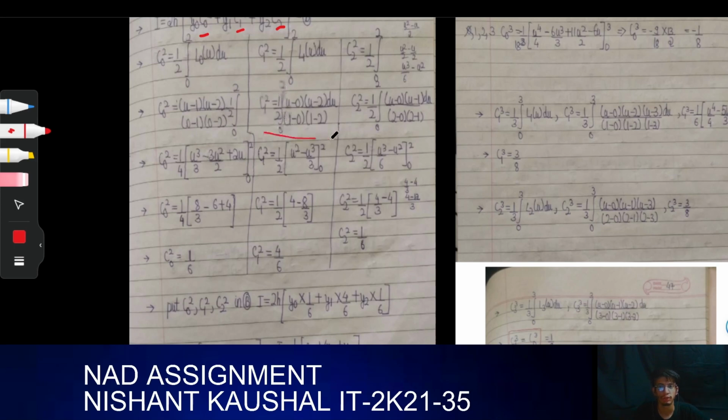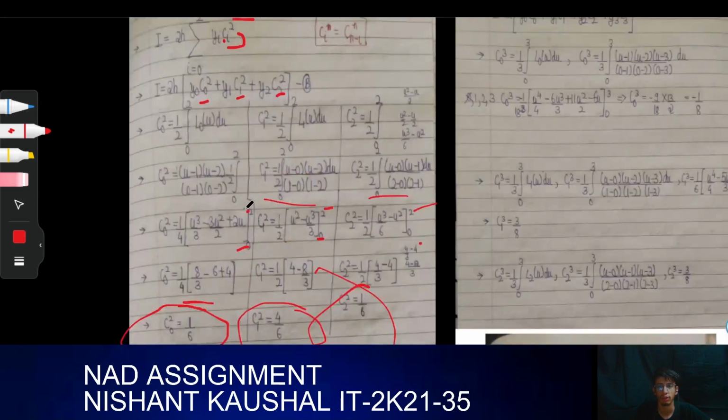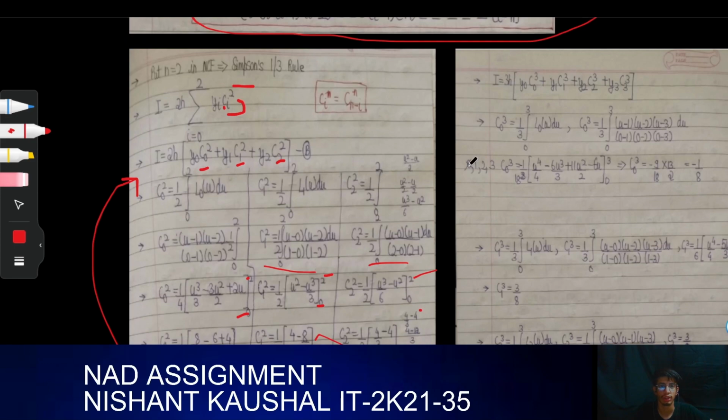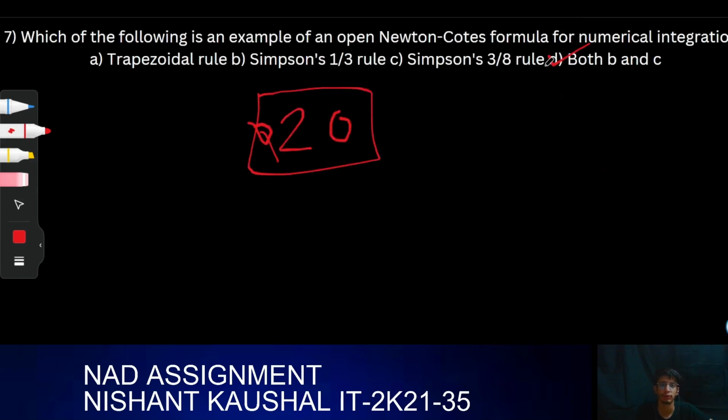Similarly, we will find c1, c2, right, and we will put the limits 0 to 2 and solve this, and we will get the values 1 by 6, 4 by 6, 1 by 6, and we will put these values in this term, and we will get our Simpson one-third formula, right? Now we could apply the same method for Simpson three-eighths. Just put n equals 3 and solve, and we will get Simpson three-eighths. So yeah, it will be both B and C.